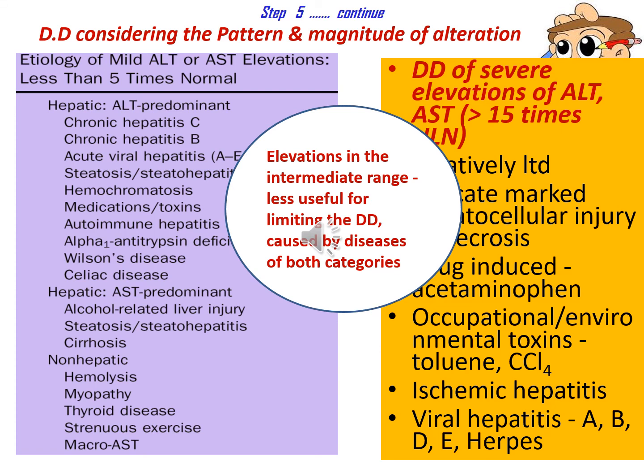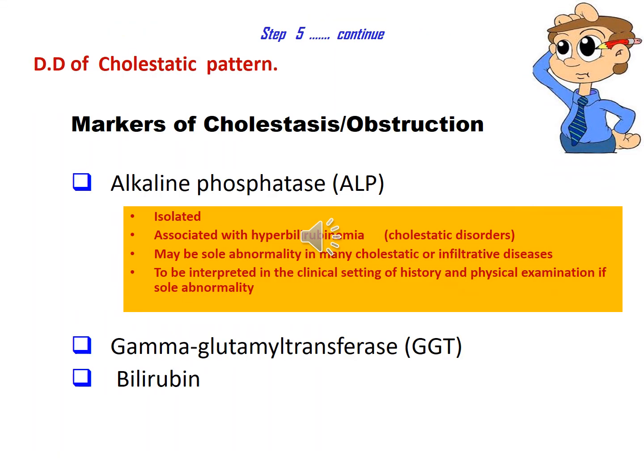If the rise in the enzymes is in the intermediate range, this is less useful for limiting the differential diagnosis, as most hepatocellular diseases will be included. For markers of cholestasis or obstruction, alkaline phosphatase rise may be isolated or associated with hyperbilirubinemia in cholestatic disorders.